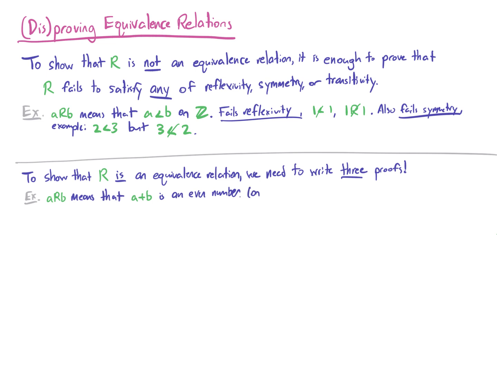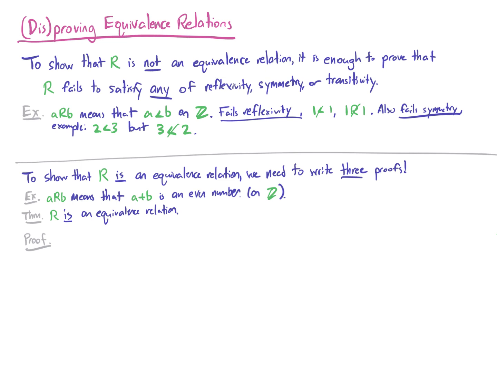And this relation will also be on the integers Z. So our theorem that we want to prove is that this R is an equivalence relation. And that means that in order to prove this, we need to write 3 mini-proofs inside our proof.